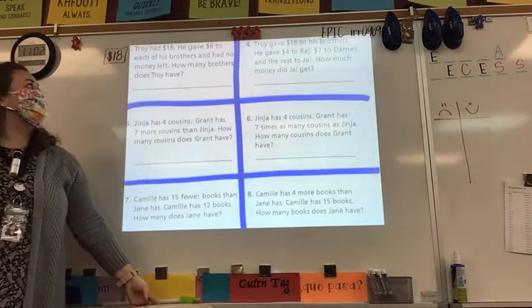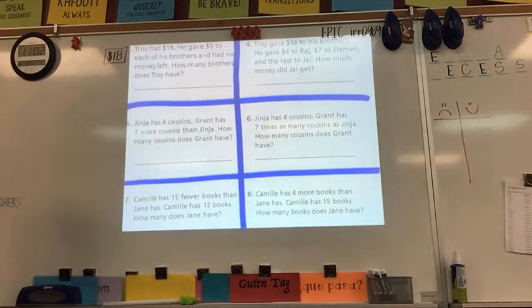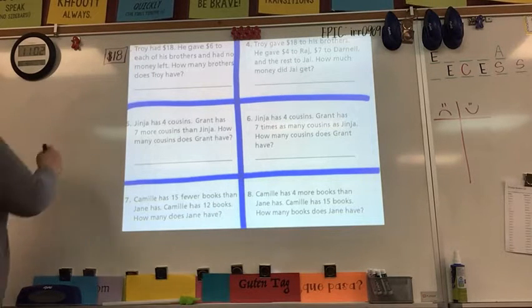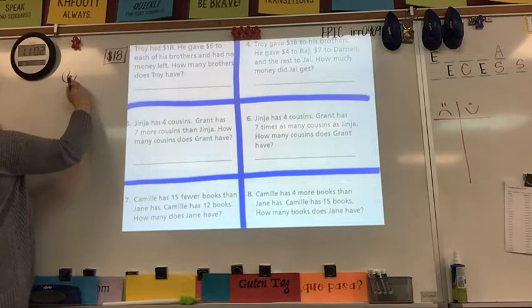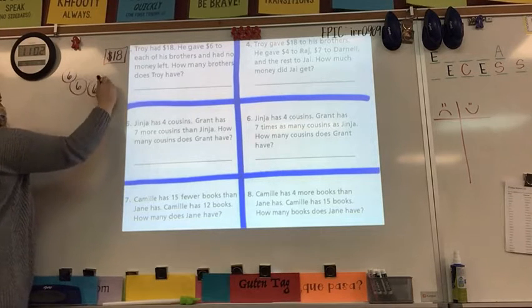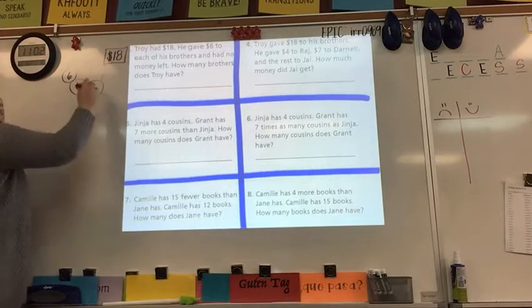Let's see, it says he gave 6 to each of his brothers. So I get to count by 6s. Go ahead and help me out, friends. 6, 12, 18. Well, that didn't take too long. What would my equation be for this problem?